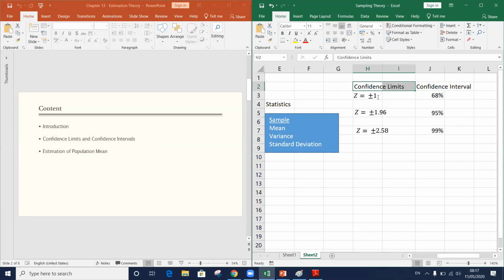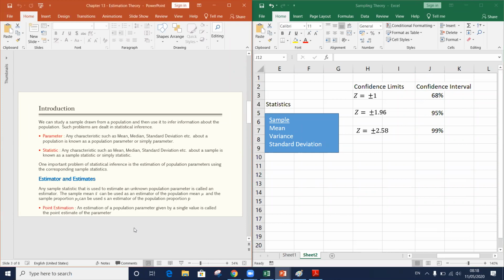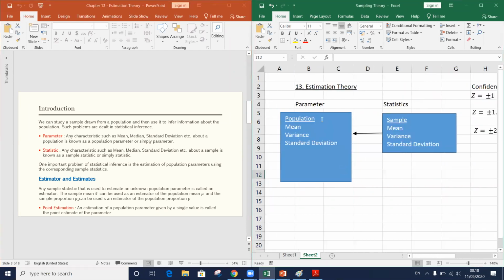Confidence limit talks about a z value range. Confidence interval is the probability corresponding to that z value range. Confidence limits and confidence interval. We have discussed the difference between parameters and statistics. Parameters talk about the population characteristics, such as mean, median, standard deviation, etc. about the population.